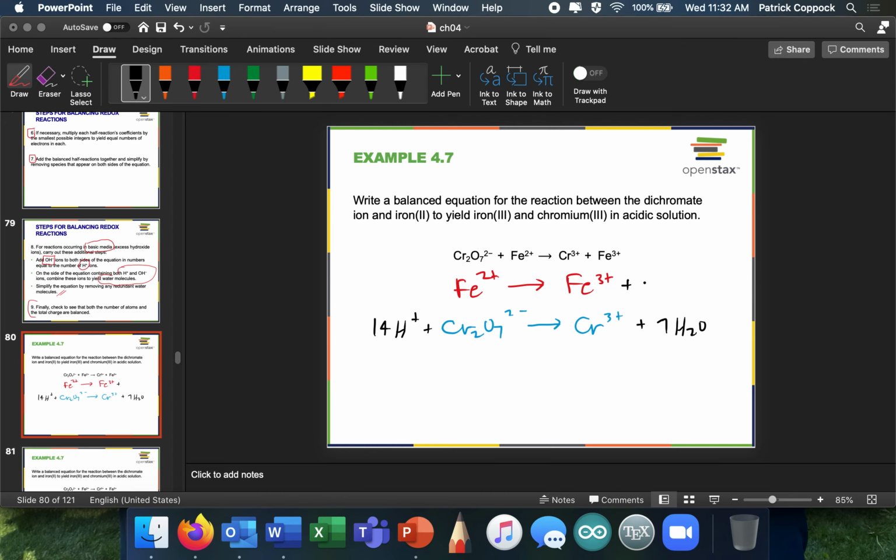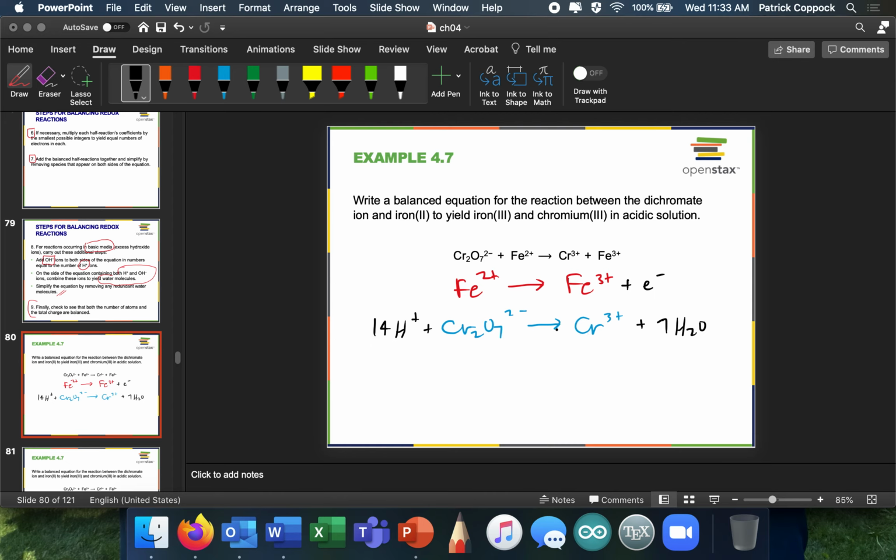I'm going to have to add 1 electron over here to make the charges equal, right? +3 minus 1 gives +2. And this is a little bit scary for me. 14 pluses and 2 minuses give me 12 pluses. That's right. And over here, I've got 3 pluses.